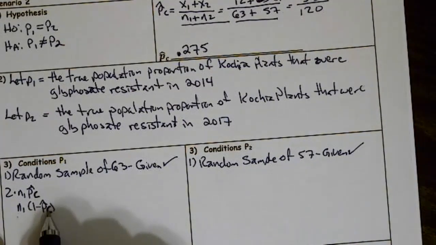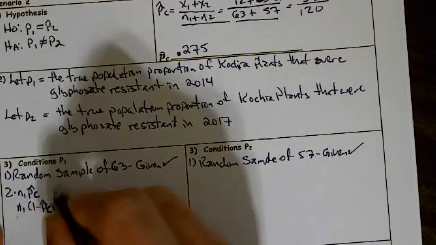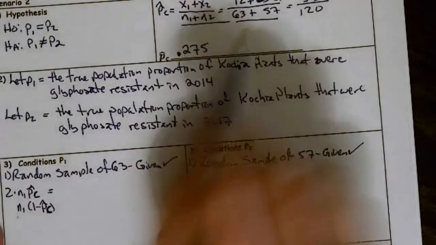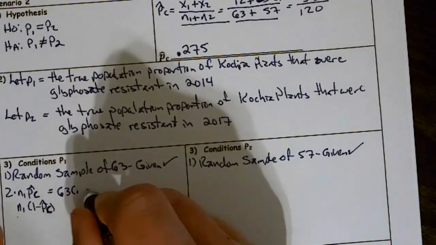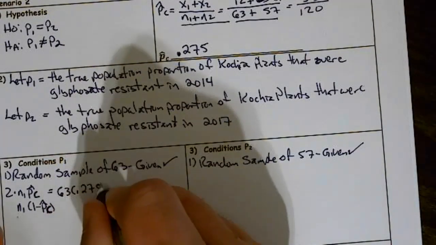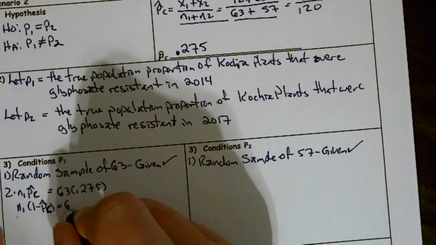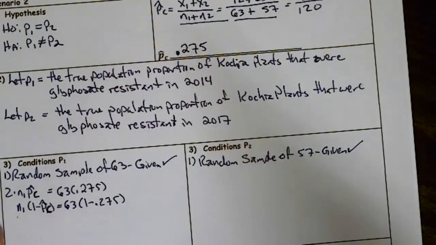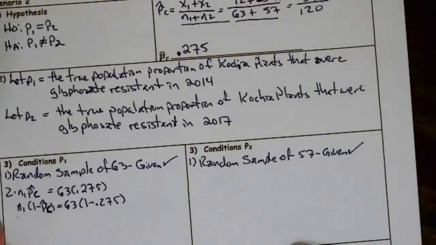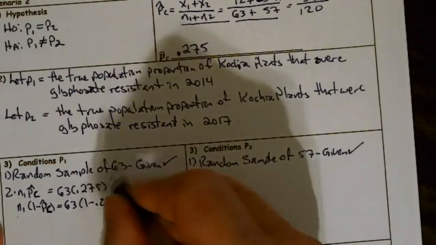Here it's P hat C. So in this case, N1 was 63 times 0.275 equals 17.325, and 63 times 1 minus 0.275.